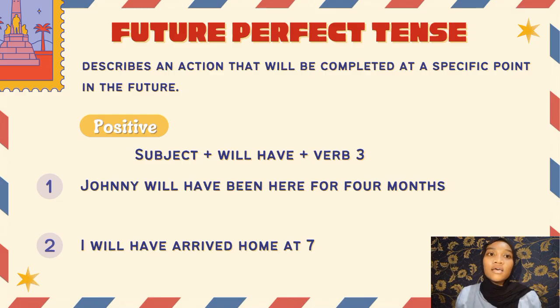Next is future perfect tense. The future perfect tense is used to describe an action that will be completed at a specific point in the future. For the positive forms, the formula is subject, will, have, and verb 3.